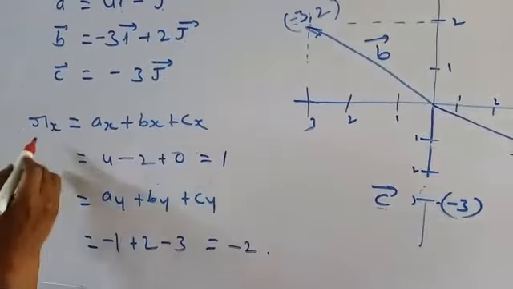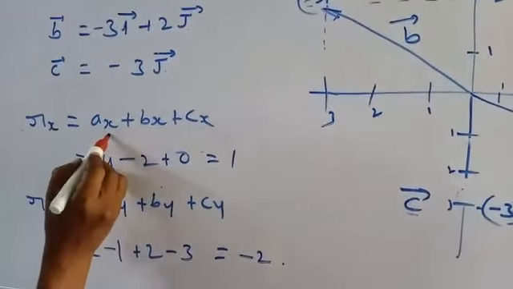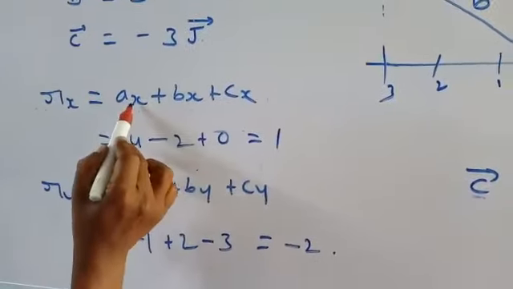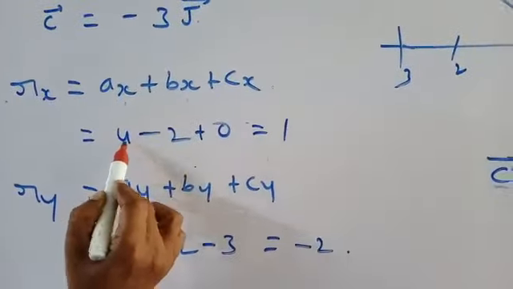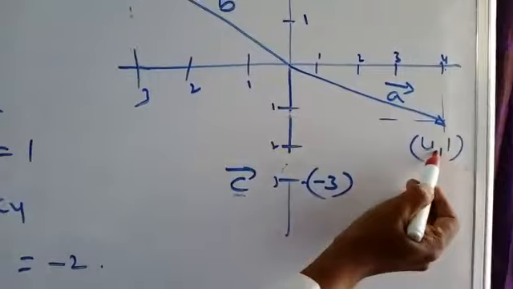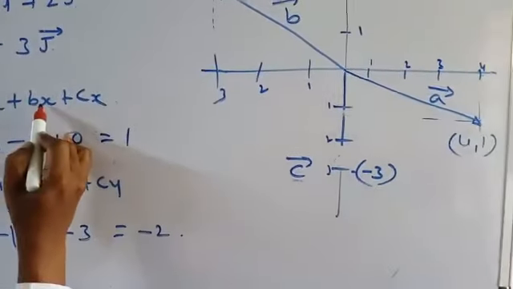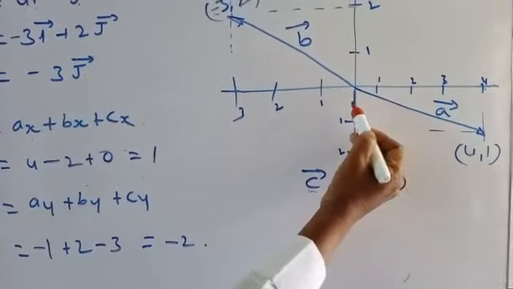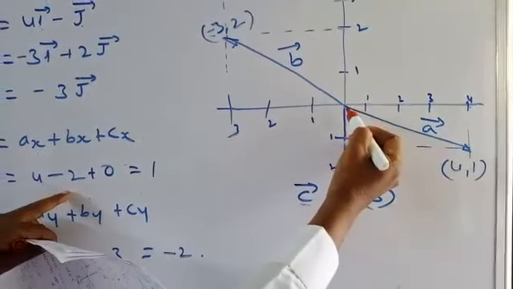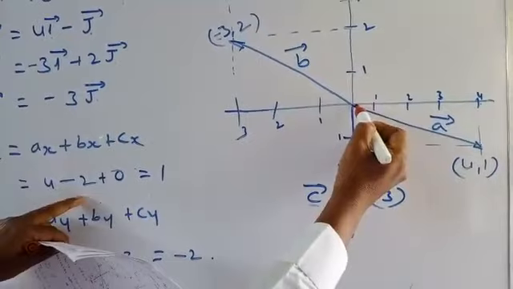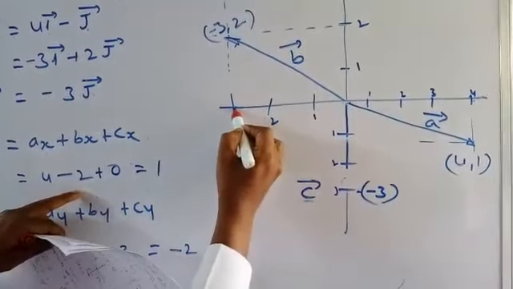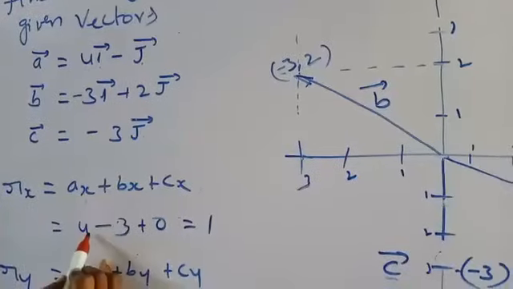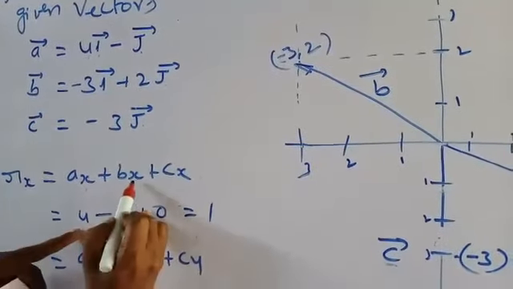So the magnitude of Rx is equal to Ax plus Bx plus Cx. What is Ax? This is 4. What is Bx?